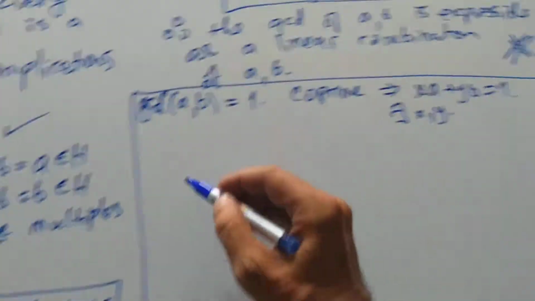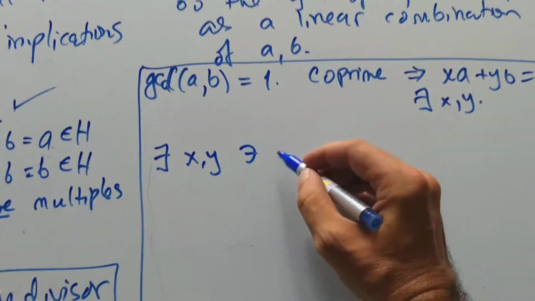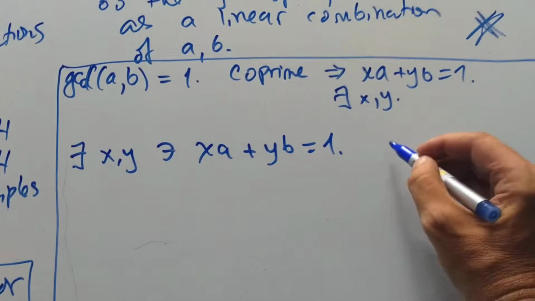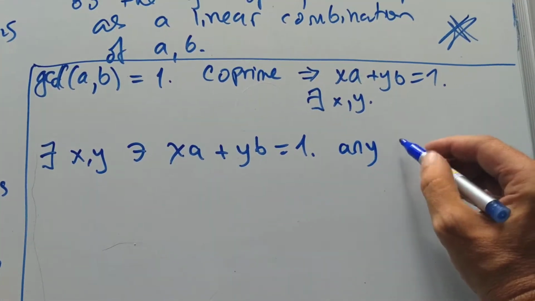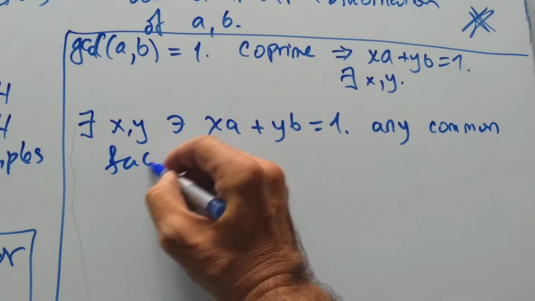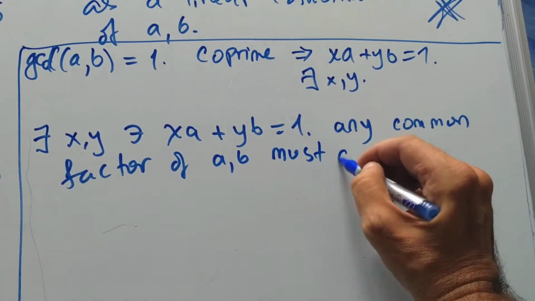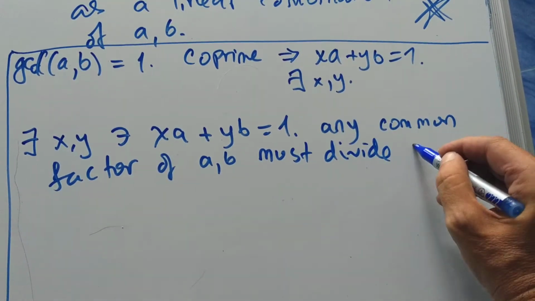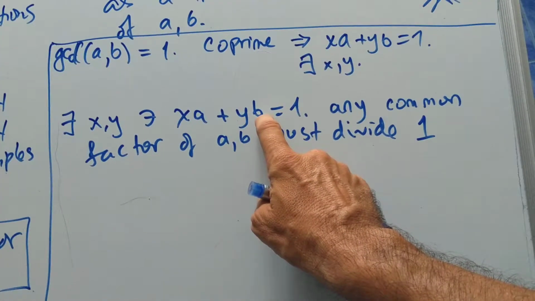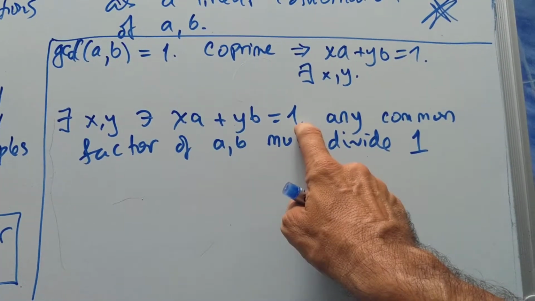Now let's look at it the other way around. Suppose there exist x, y such that xa plus yb is 1. Well, any common factor of A and B must divide 1. Let's say A and B have a common factor G. Well, G divides A, G divides B. Therefore, G has to divide 1.